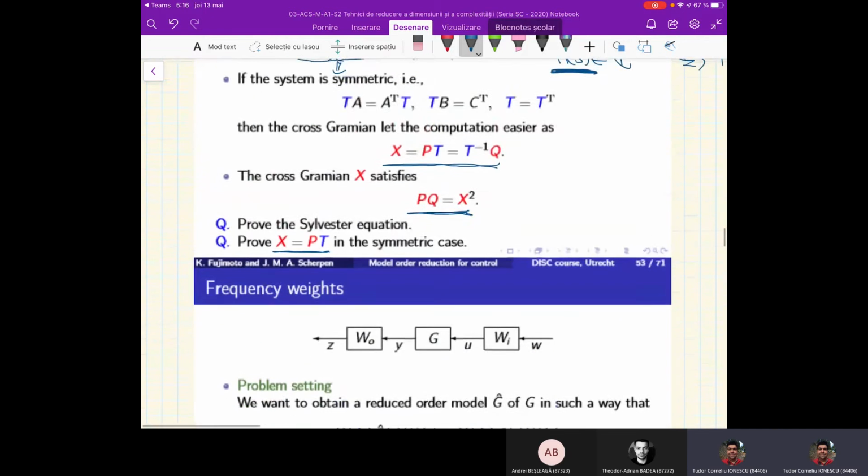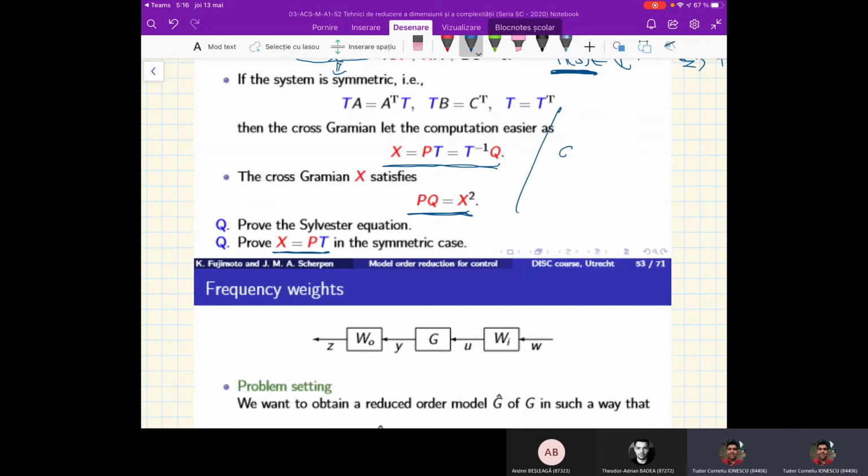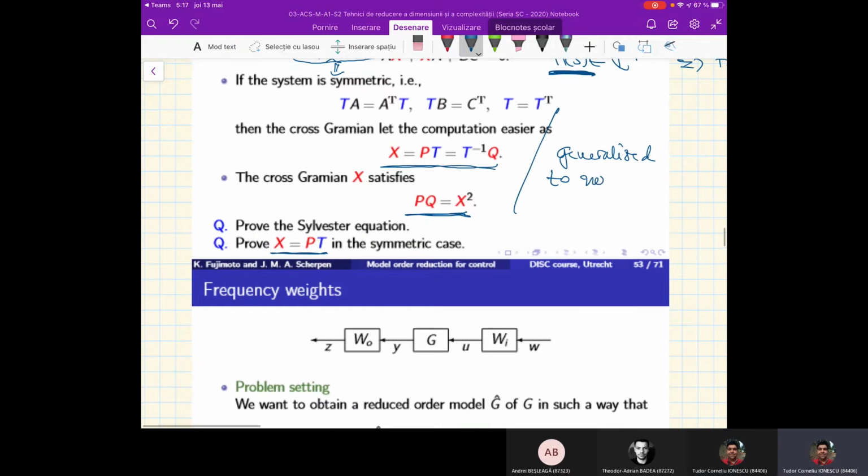You can also generalize this. There are papers, if you look it up on the internet, generalizing the cross-Gramian balancing to the non-symmetric case.